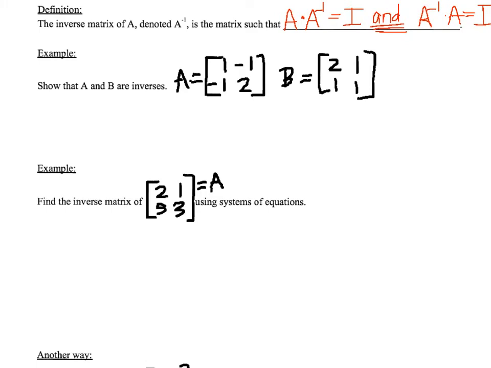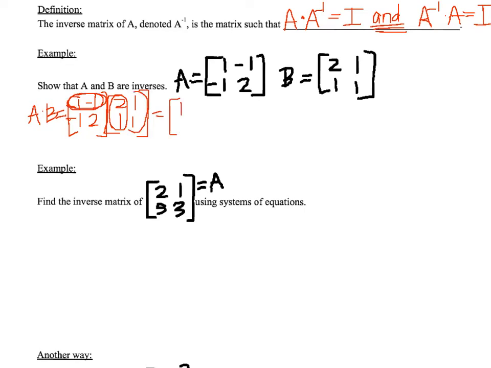So I give you two matrices, A and B. And if we want to prove that they're inverses, we have to show that the multiplication works in both directions. So I'm going to start by taking A times B. And if I do that, I get 1, -1, -1, and 2, multiplied by 2, 1, 1, 1. And if we remember our matrix multiplication from the previous section, we take the row times the column. And if I do 1 times 2 plus -1 times 1, I get the value of 1.